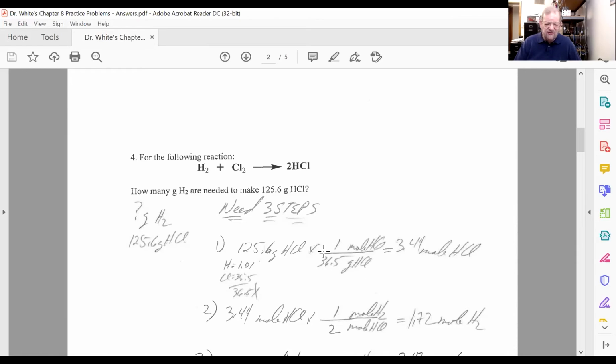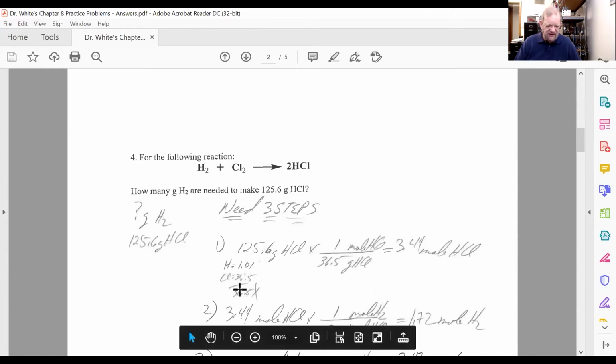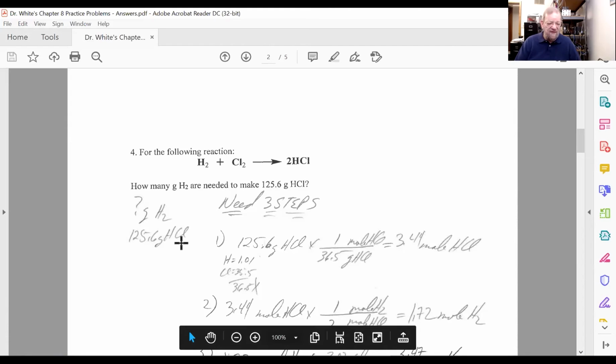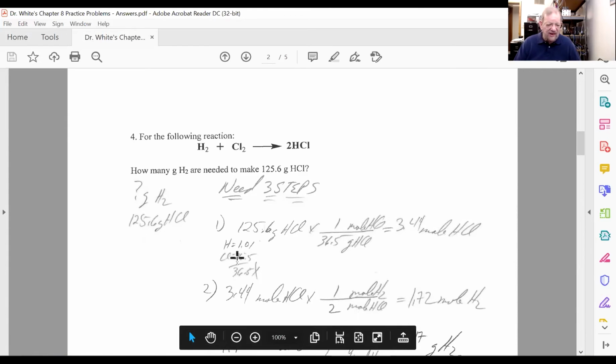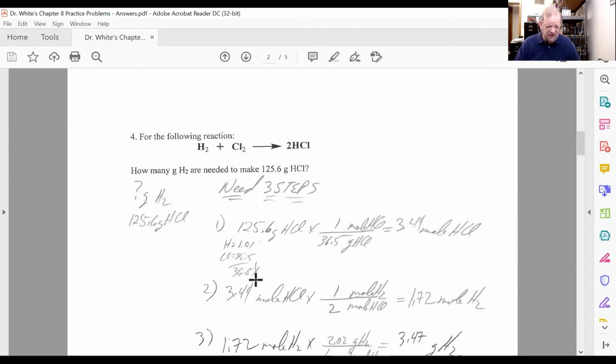Where do I get these units? 1 mole of a compound equals its molecular weight in grams, and the molecular weight, which I have over here, is the sum of all atomic weights. And when you add it up using proper significant figures for addition, you get 36.5. 4 significant, 3 exact number, 3 significant figures.